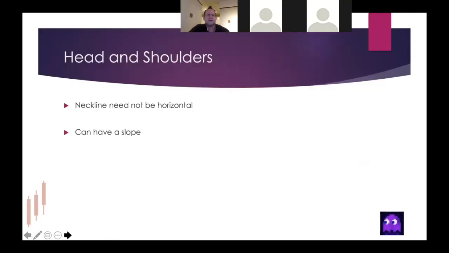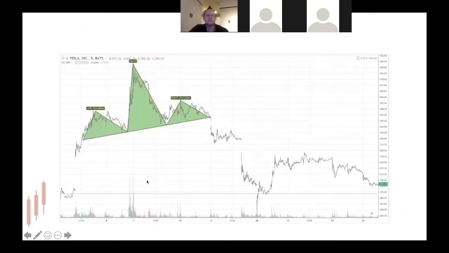Now, with the head and shoulders, just one last thing is that the neckline does not need to be horizontal. It can have a slope. So if you see this kind of wonky angle with your head and shoulders, that's perfectly fine. They tend to be a little bit easier to recognize on a horizontal level, but the same truth is still in this pattern, right?